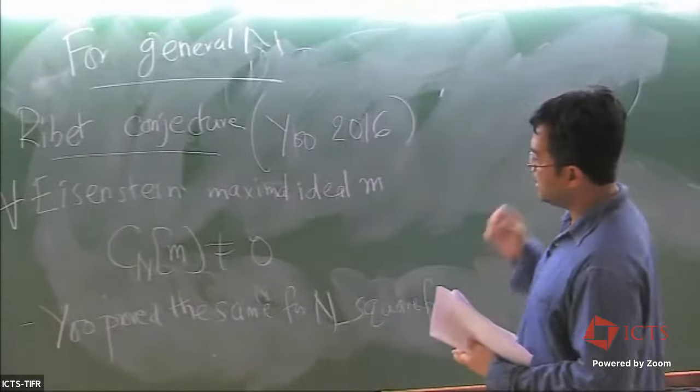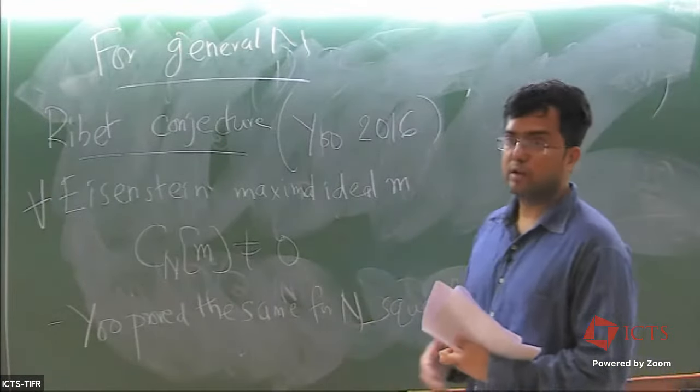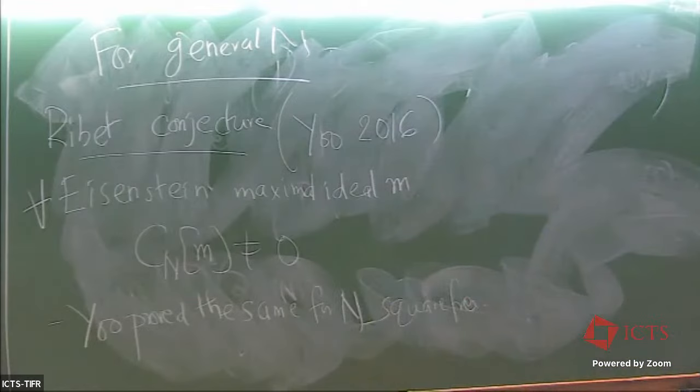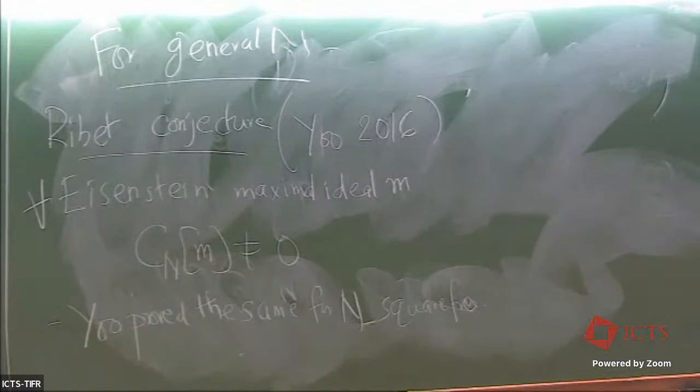This is Ribet's conjecture: if you take any arbitrary n and any arbitrary maximal ideal M, then Cn of M is non-zero. Okay, so I'll just go through how he proved it. So this is Yoo's proof.